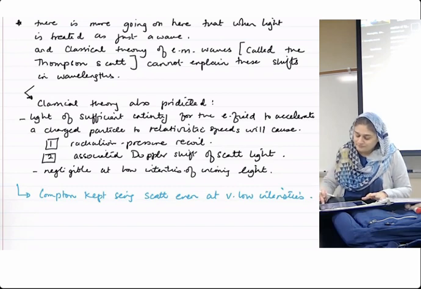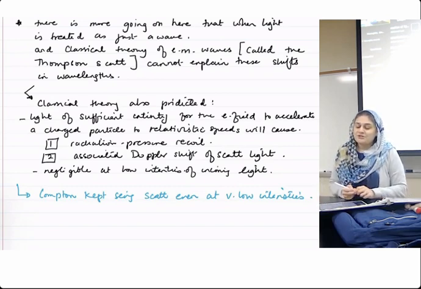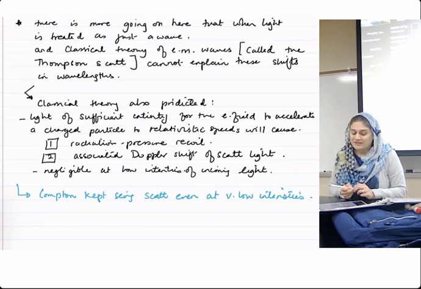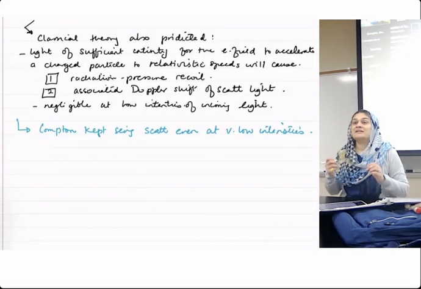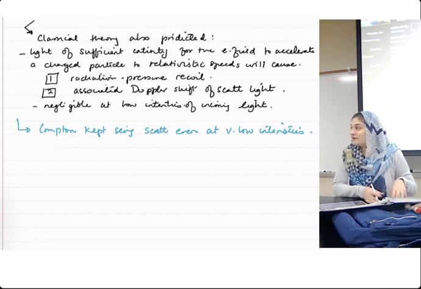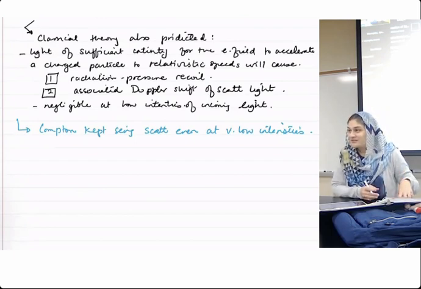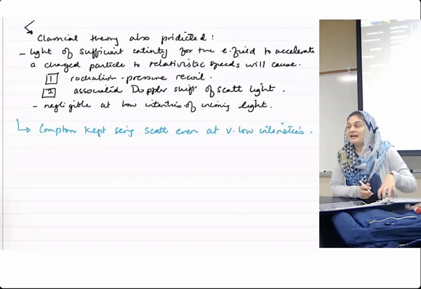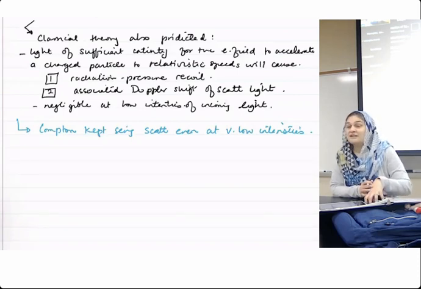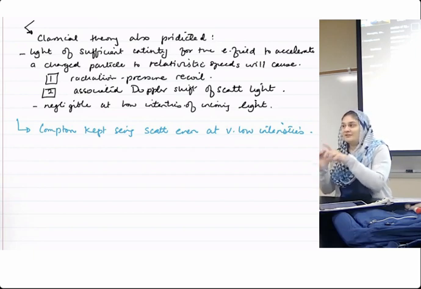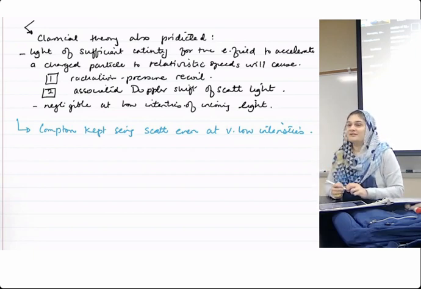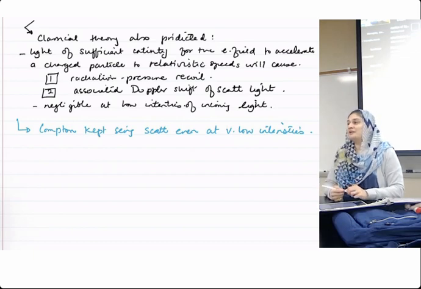So he actually convinced other physicists by his experimentation that instead of thinking about light as a wave, we have to think about light as a particle, and Einstein was right. Because E, the energy of the light photon, is proportional to the frequency, and E equals hf. Exactly how Einstein had predicted it.